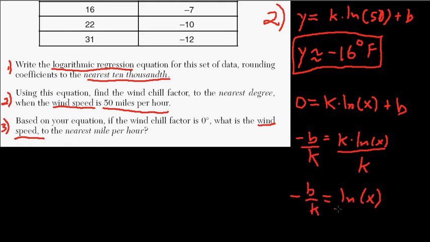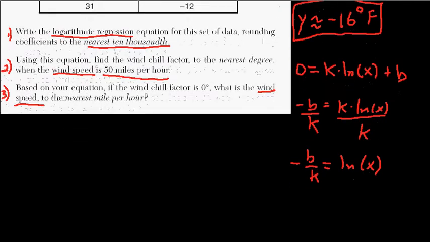And then I want to, again, solve for x, and the way to solve for x is to basically raise both sides of this equation like this, right? e to the this equals e to the natural log of x. So basically e to the negative b over k is equal to, e and natural log cancel each other out, so that's x.